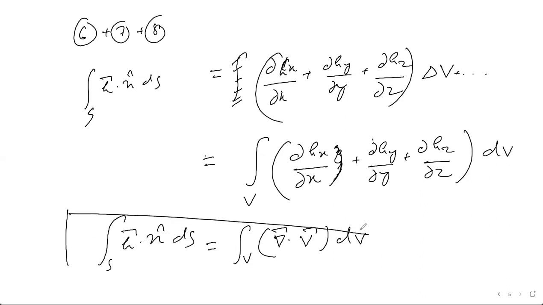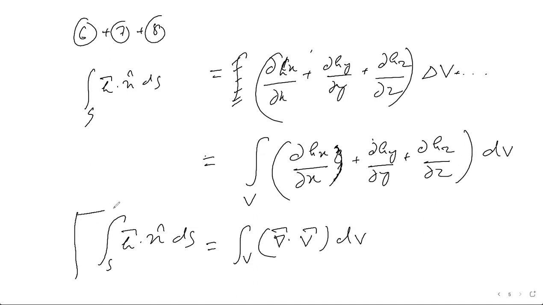So we have seen this very nice result. Oh, my line has gone so bad. Let me correct that. I just don't want to spoil it. So this was the famous Gauss divergence theorem.